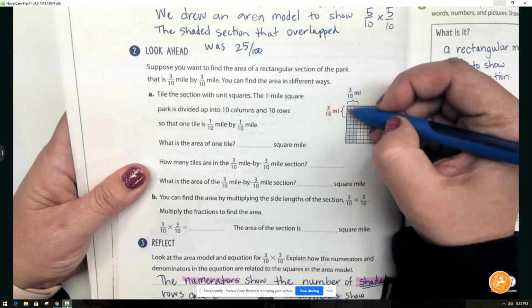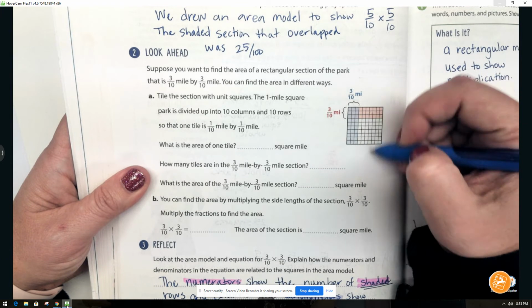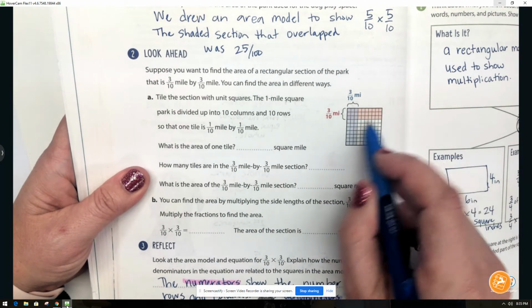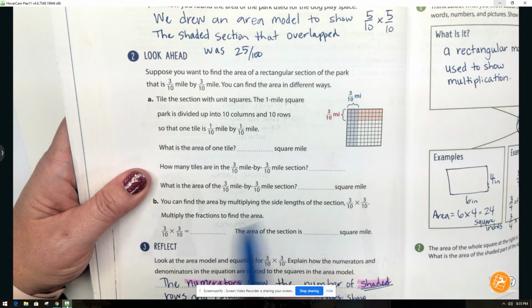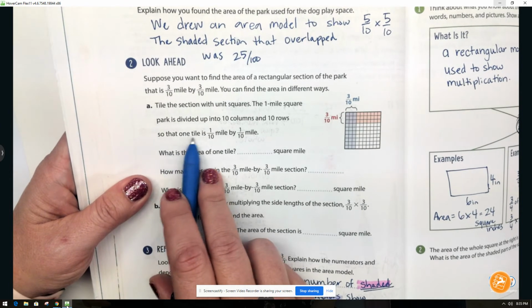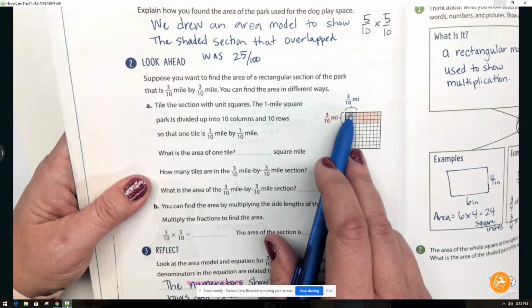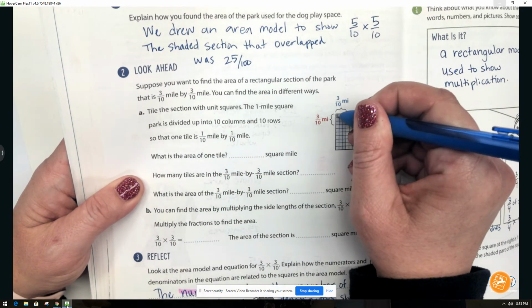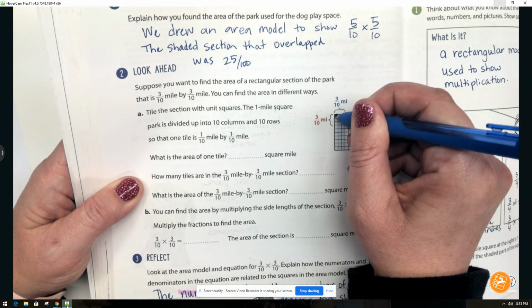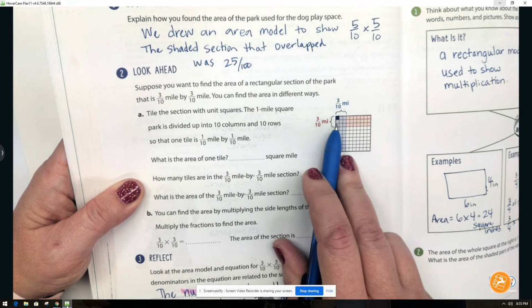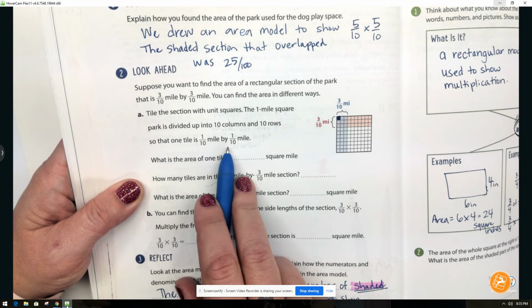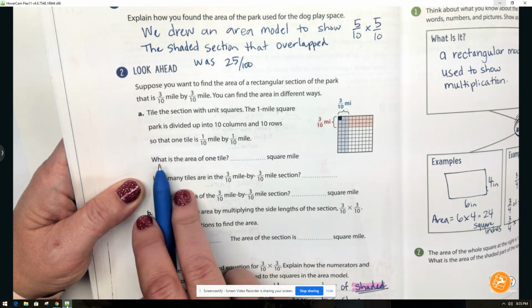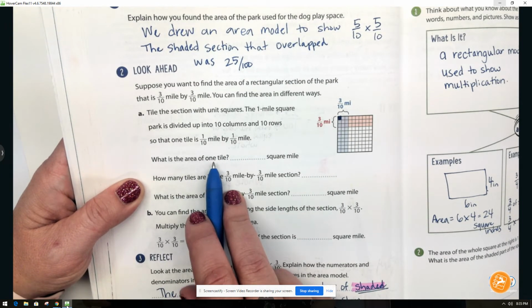Because remember, each column is 1/10, each row is 1/10. So if we're looking at just one of these squares, which is 1/10 of a mile by 1/10 of a mile, what is the area of that tile?